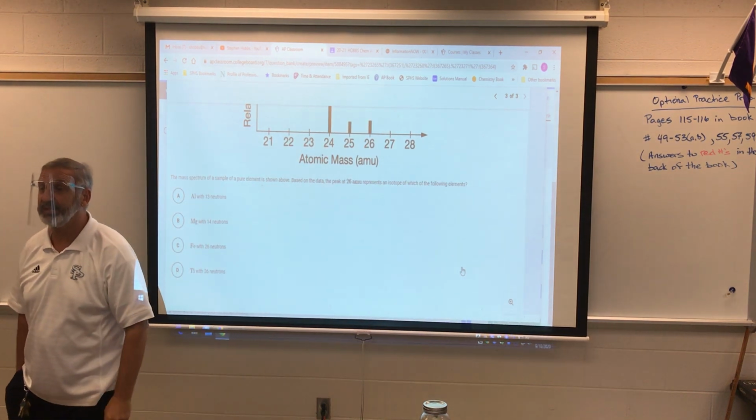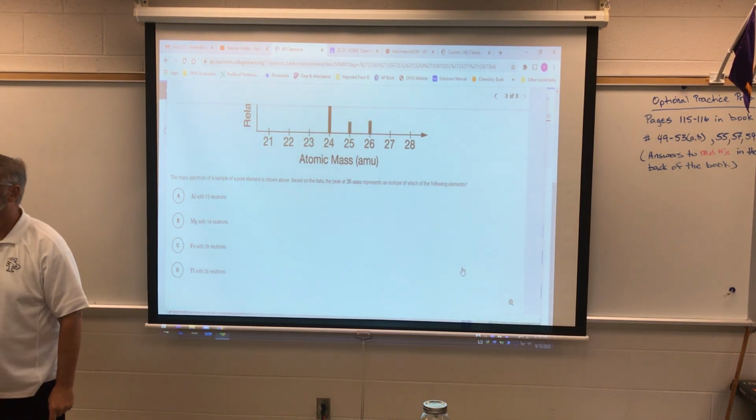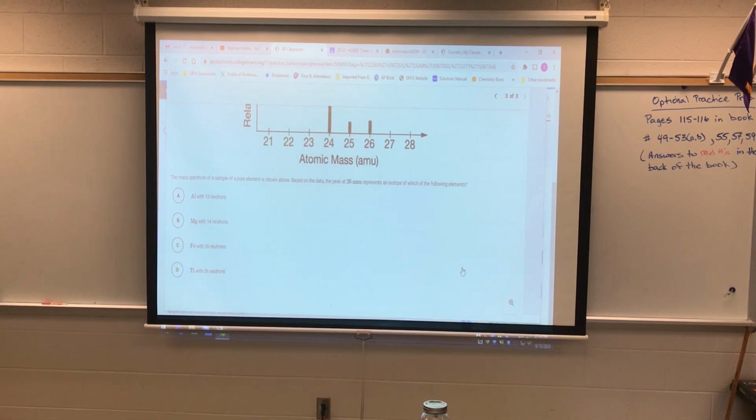What's the atomic mass of magnesium? 24.30. What's the atomic mass of aluminum? 26.98, so it's really 27. So what's the average of this one going to be?